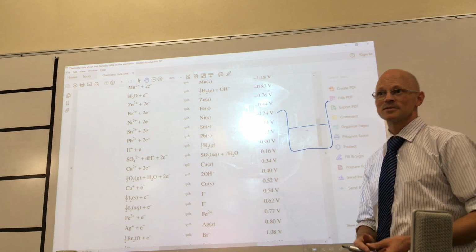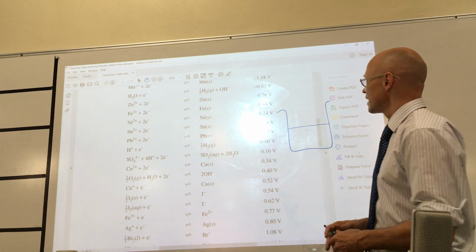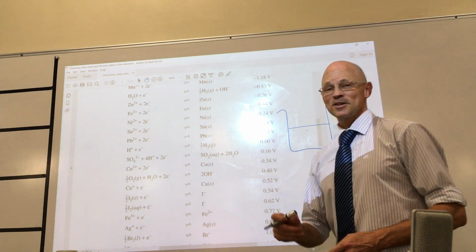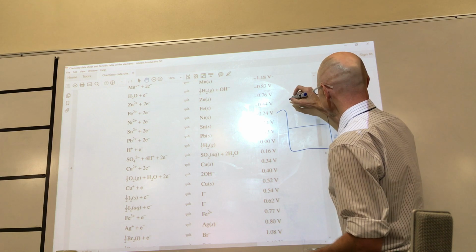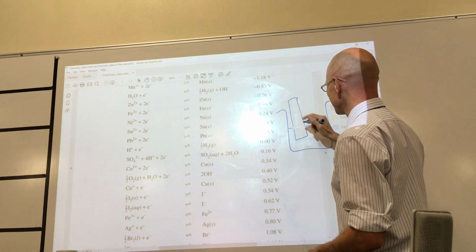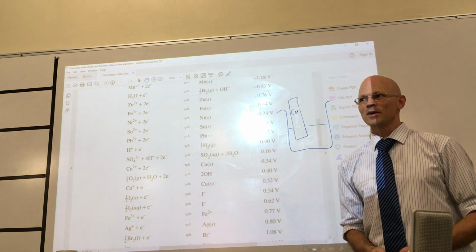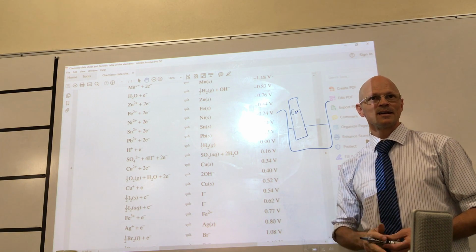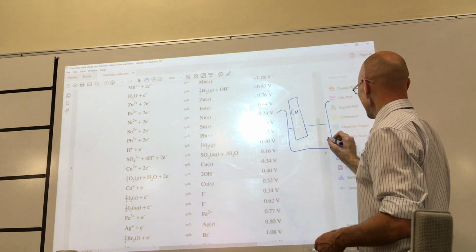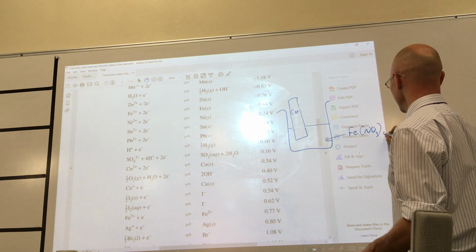Any ideas? Solid calcium. Yes, I could get solid calcium. I've never seen a bar of calcium this big, I've seen small little chunks, but here we go. I've got a bar of calcium, and what am I putting it in? Iron(II) nitrate.